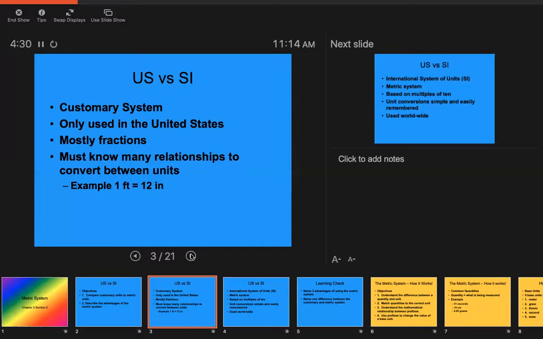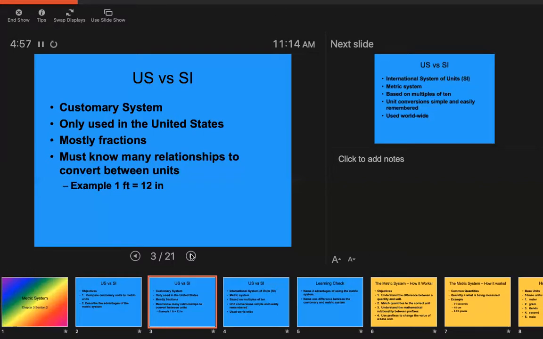Like I said, I have a magnet I stick on the front of my refrigerator, and it has all the equations. It tells me how many cups and pints and tablespoons are all equal to each other. I don't take the brain space to memorize all of it because I got my magnet there. But for us to be able to readily use this, we have to know all of these different equalities. So the U.S. system uses customary measurements.